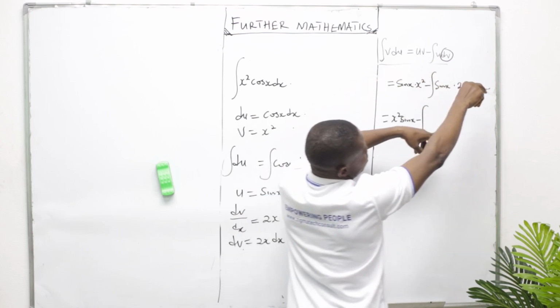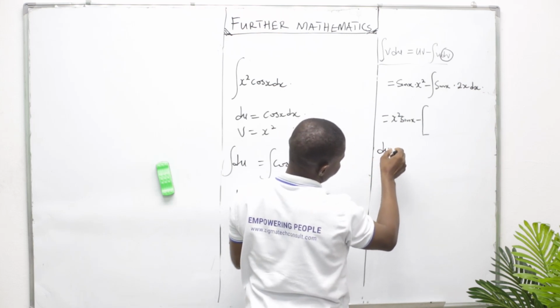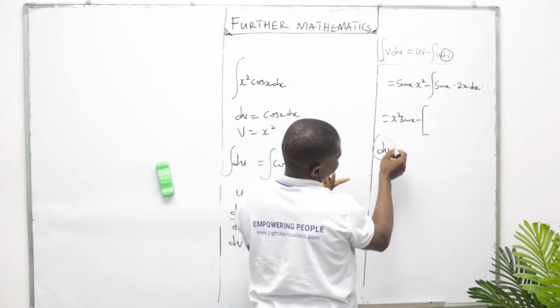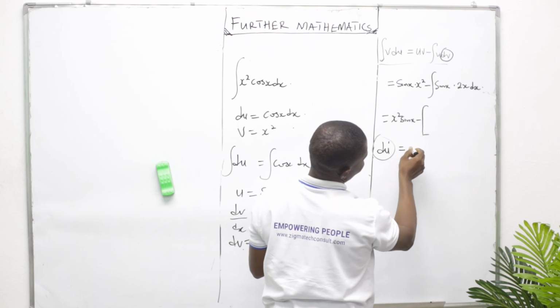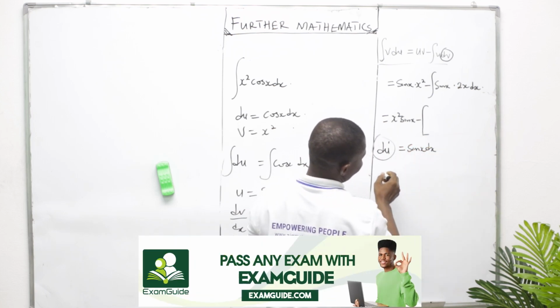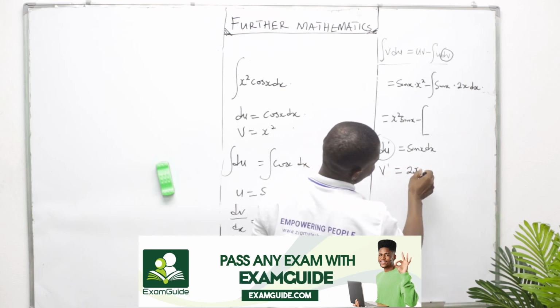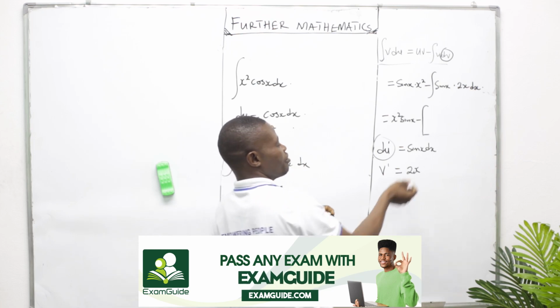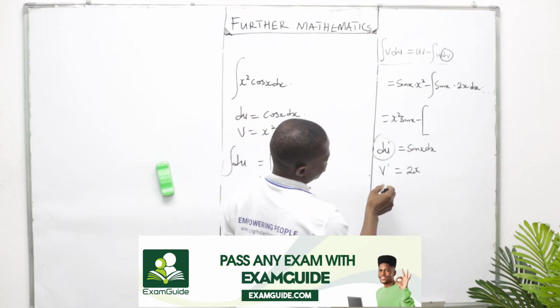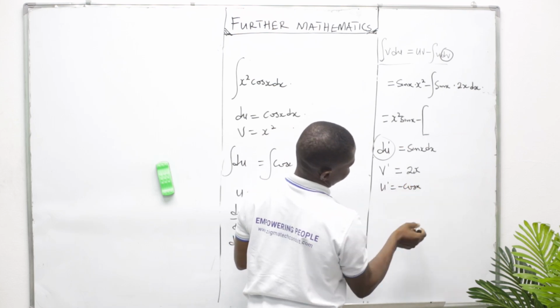From here, the new dv, let me just say dv prime equals sine x dx, while the new u prime equals 2x. So if I integrate the new one here now, I will have v prime equals minus cos x.